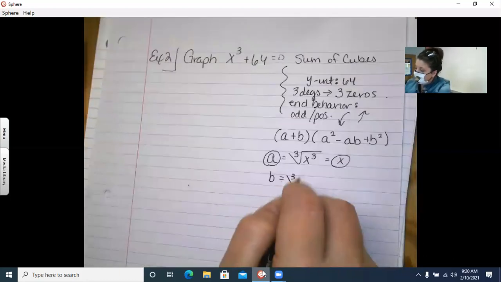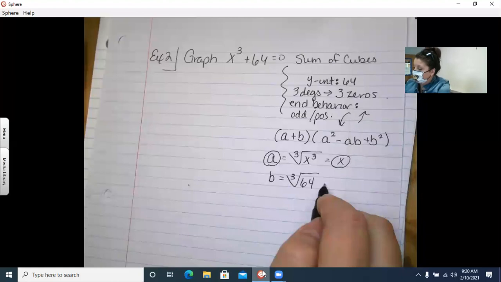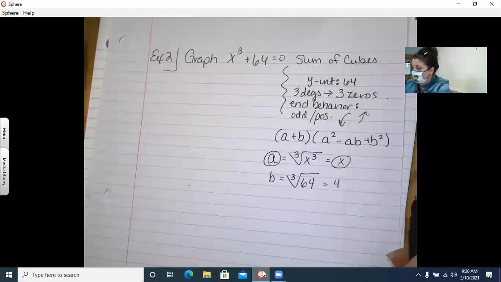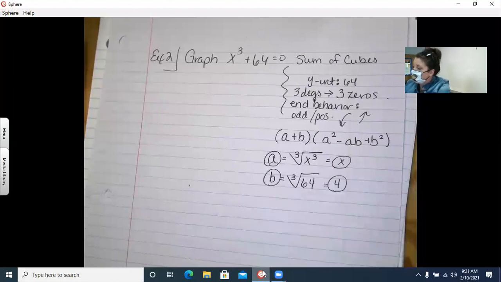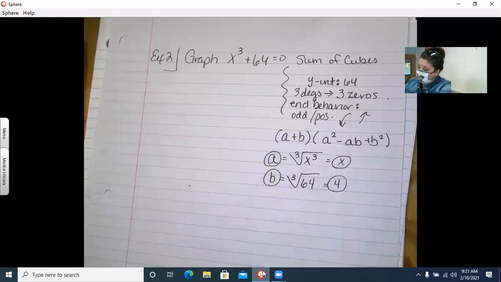Don't worry about the sign. Just take the positive absolute value. The signs will come from my identity. What's the cubed root of 64? 4. We just found that on the calculator, right? 4 times 4 times 4 is 64. So the cubed root of 64 is 4. So do I know what's going to go in my first set of parentheses? Do I know a and b? X plus 4.